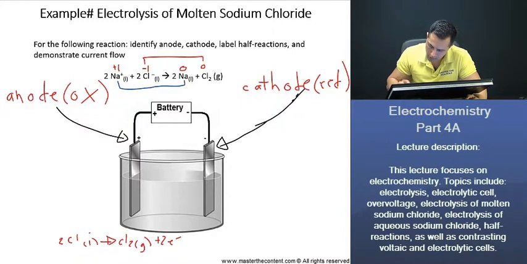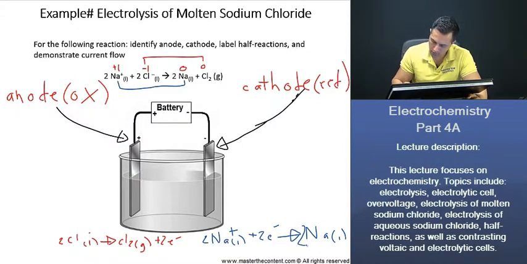Now for our reduction reaction here, we're going to have 2 of our sodium ions plus our 2 electrons, and that's going to give us liquid sodium metal. Just clean that 2 up a little bit.